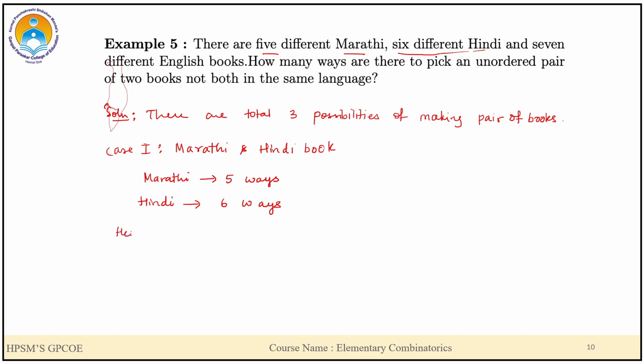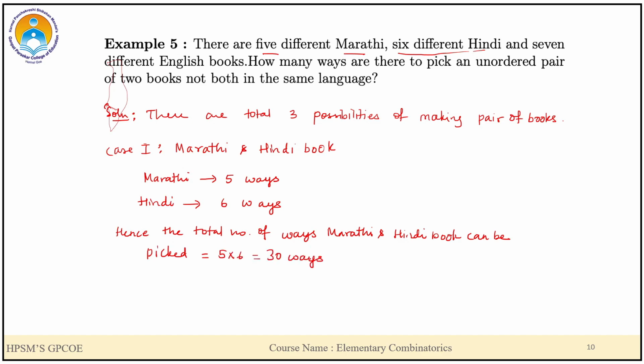Hence, the total number of ways Marathi and Hindi book can be picked is equal to 5 into 6, which is equal to 30 ways. So there are total 30 ways.